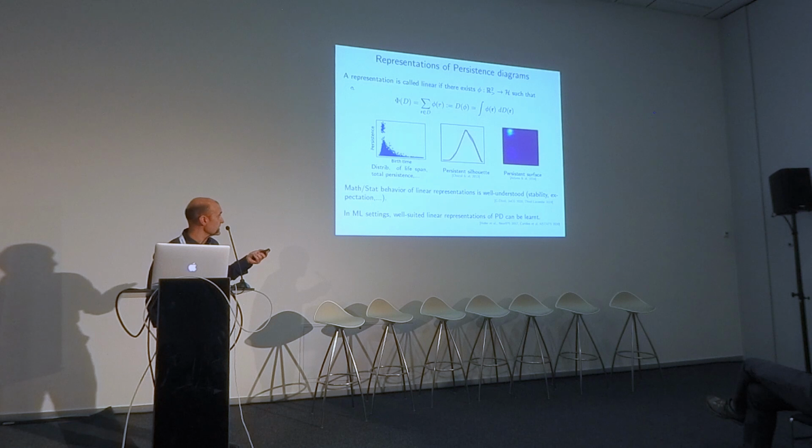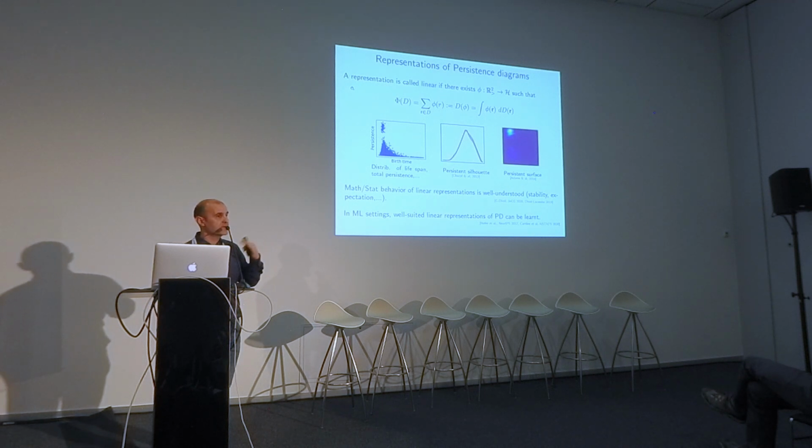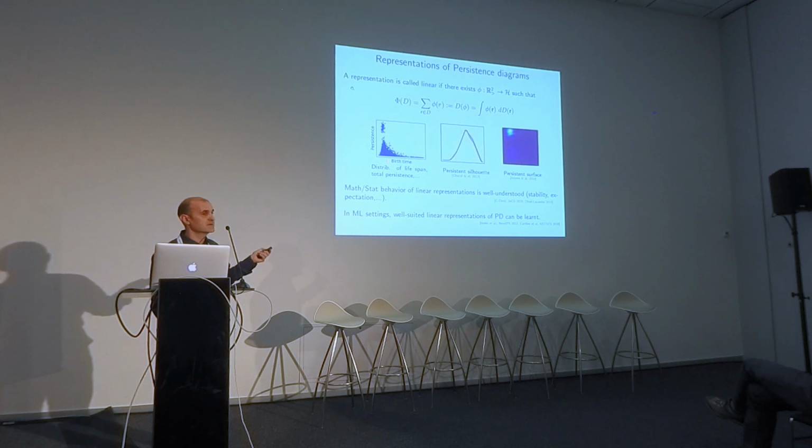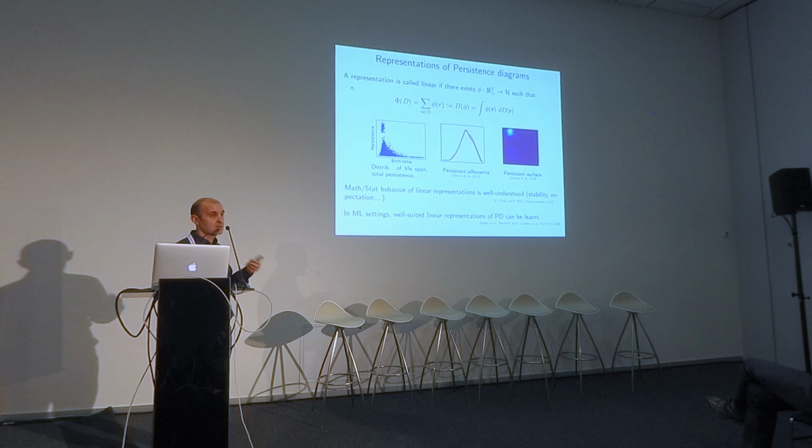Okay? And now, the interest of this way to see this vectorization of persistent diagram is that, first of all, as you see this as a linear representation, it's pretty easy to understand the mathematical and the statistical behavior of these objects and this representation in this setting. Just because you see it as a linear representation of a measure, there are some results about it.